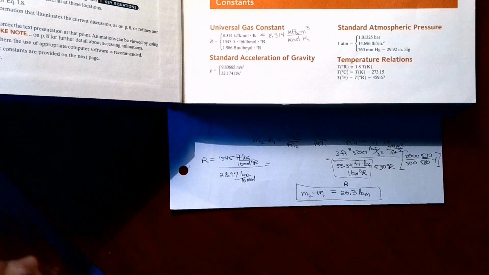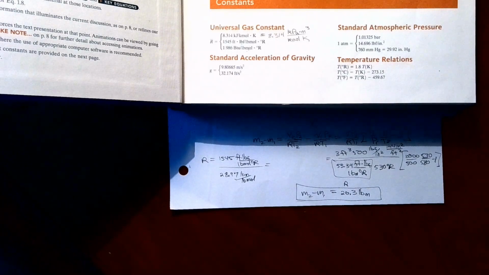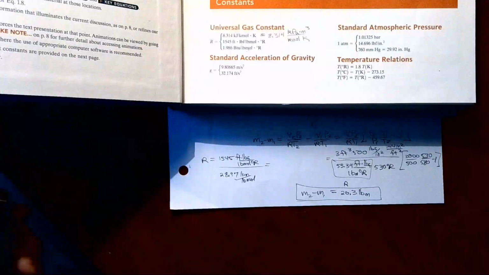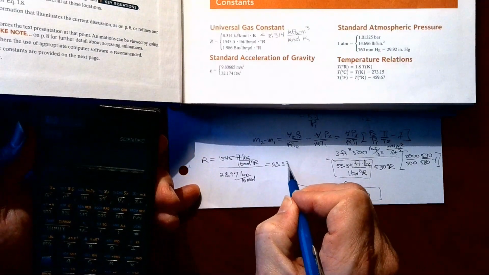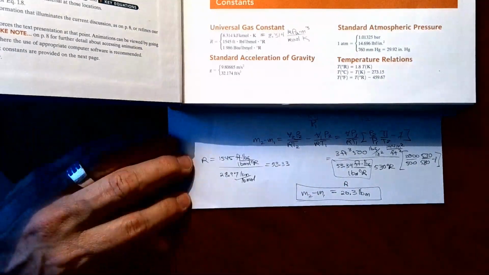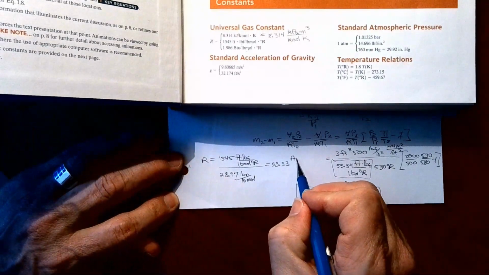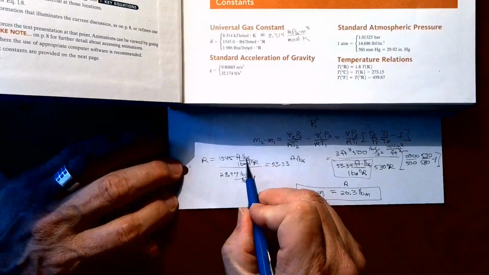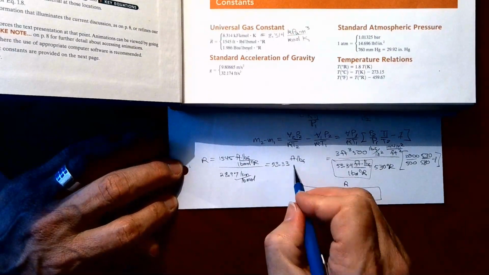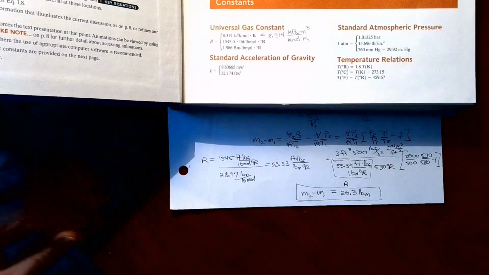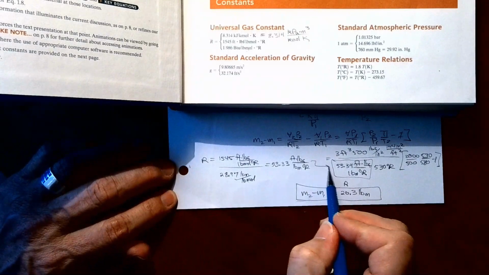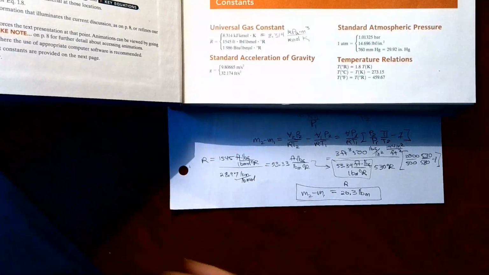Let's put this in the calculator. 1545 divided by 28.97 is that number over on the right. 53.33 is what I have in my calculator, and I'll be left with foot-pound force per pound mass degrees Rankine, as the pound moles cancel. Alright, so this is the R that we use there.